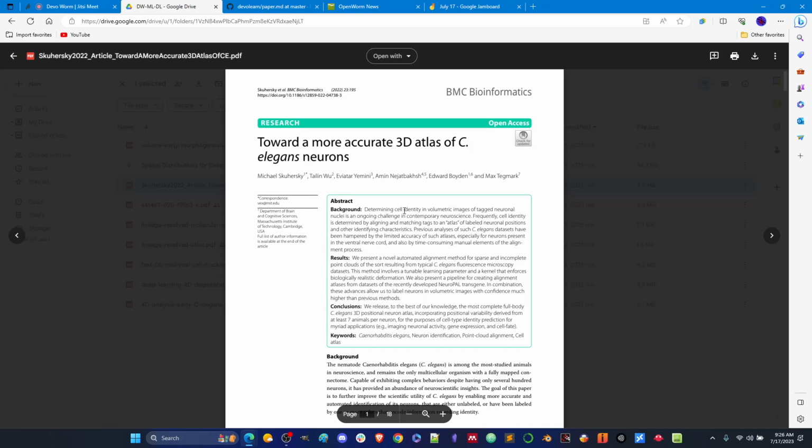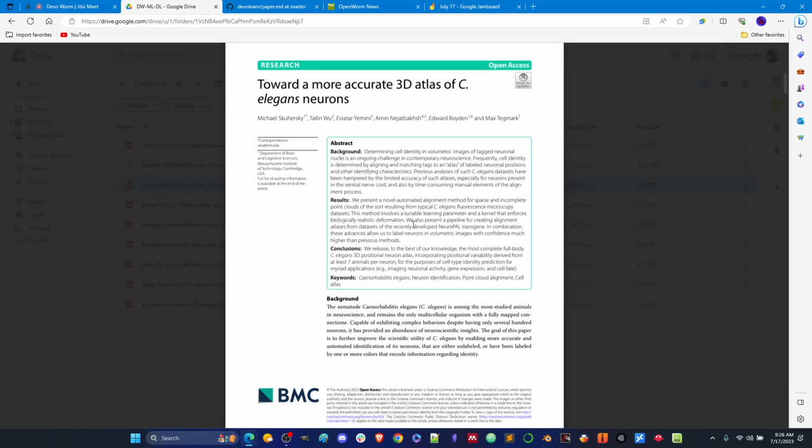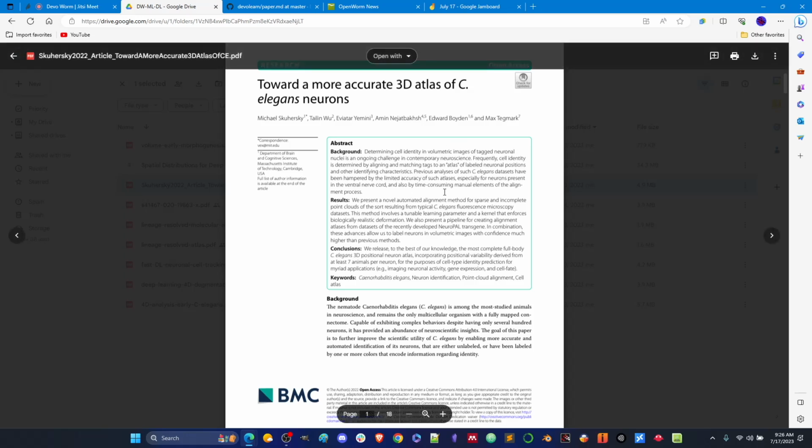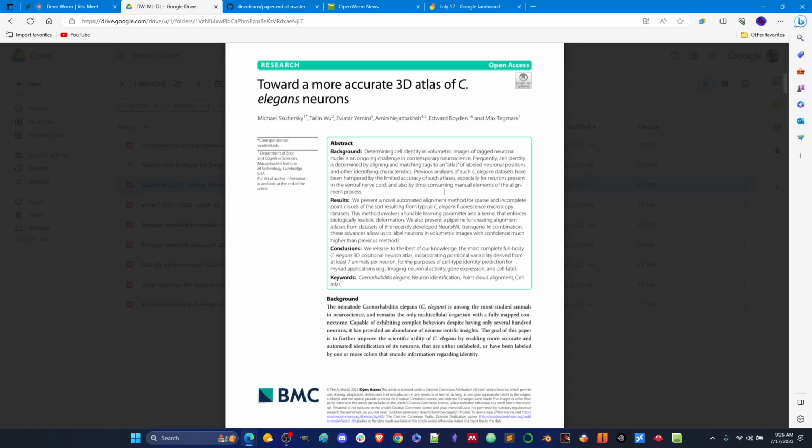Then there's this more accurate 3D atlas of C. elegans neurons. This is a paper where they segment the neurons out of volumetric images of C. elegans, and they're able to build an atlas.